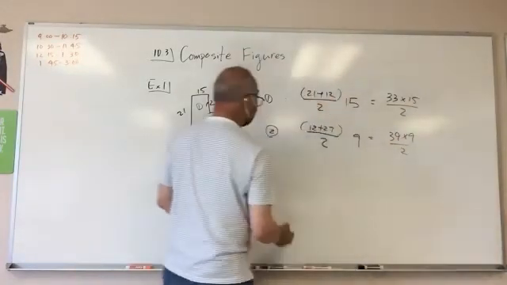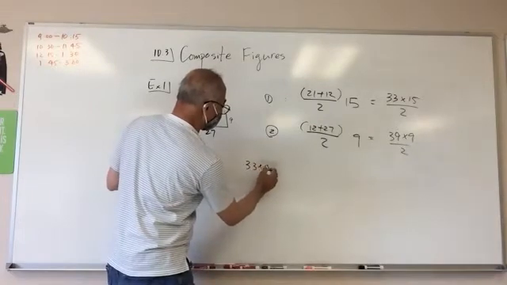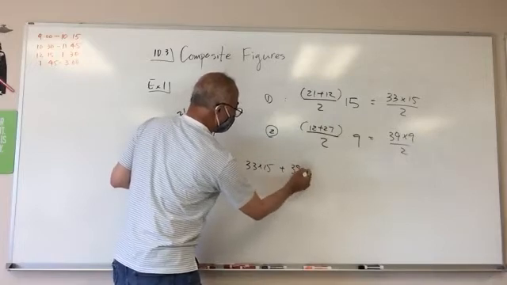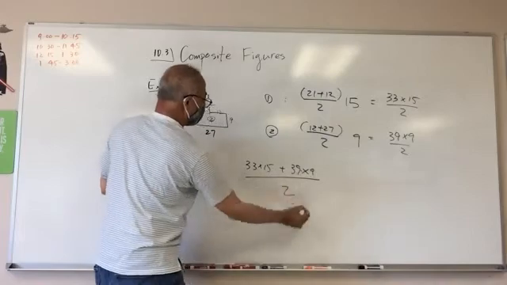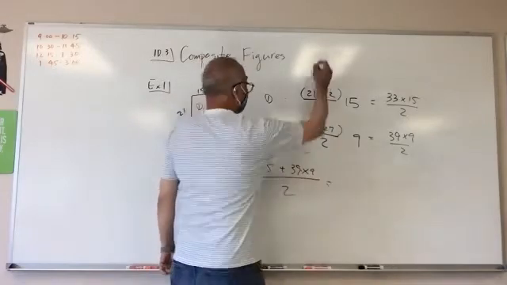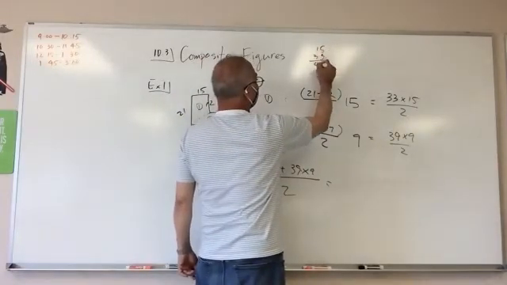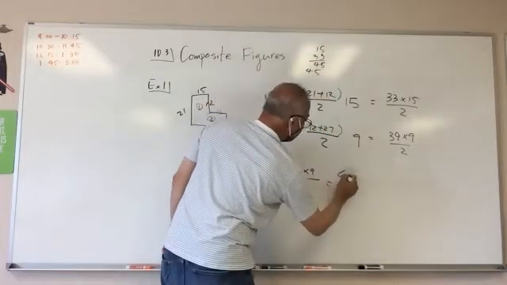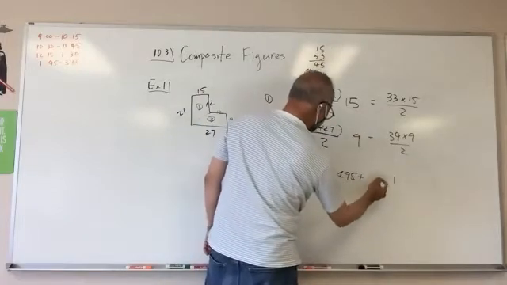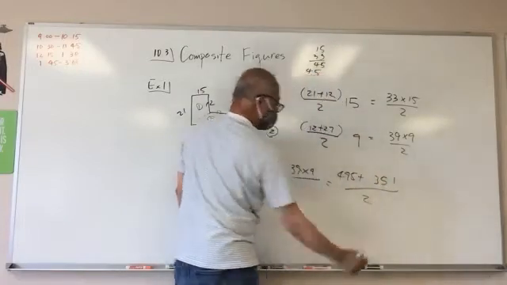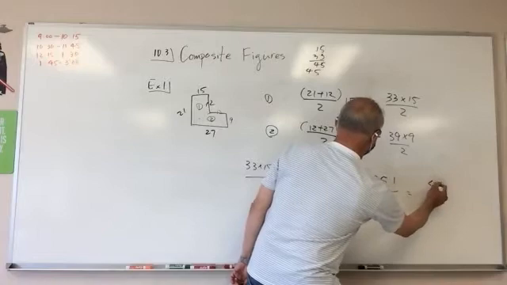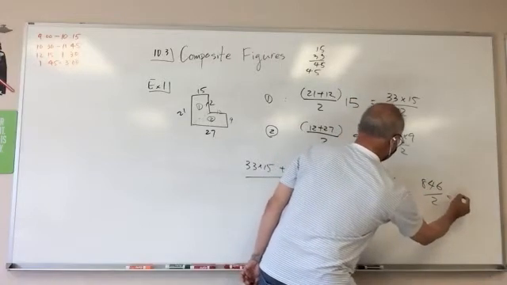If I add these two together, I'm going to get 33 times 15 plus 39 times 9 divided by 2. 15 times 33 is 495, plus 351, over 2. 846 over 2. 423.